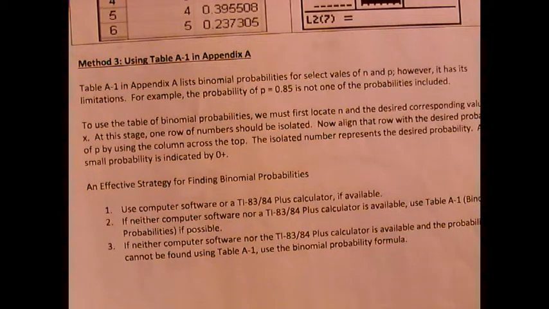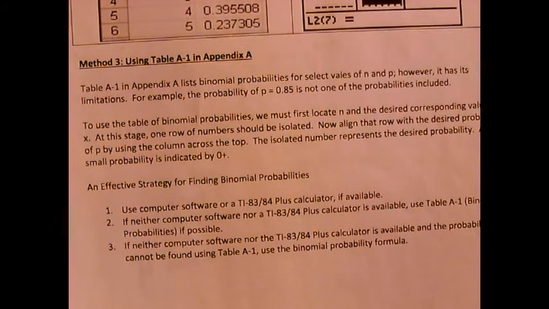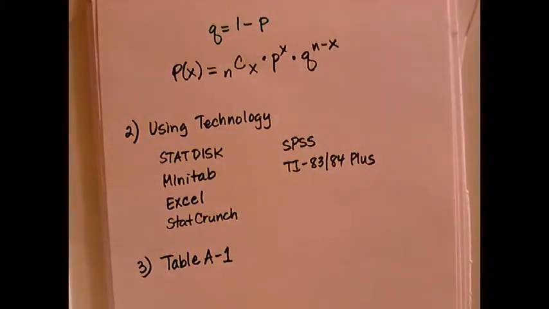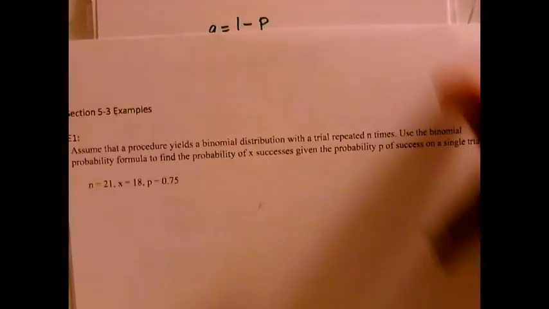The second option, use table A-1, and then the third option is to use the binomial probability formula. Okay, so we'll be using the TI-83 and 84 plus calculator in these examples. And we'll start with this one.